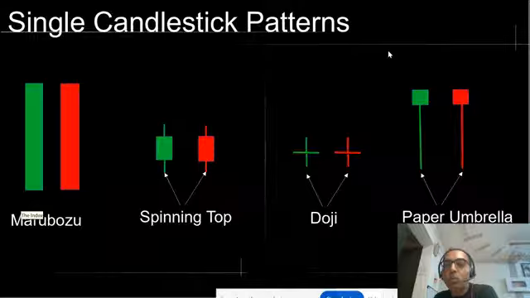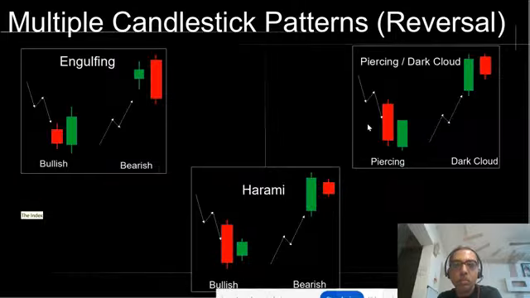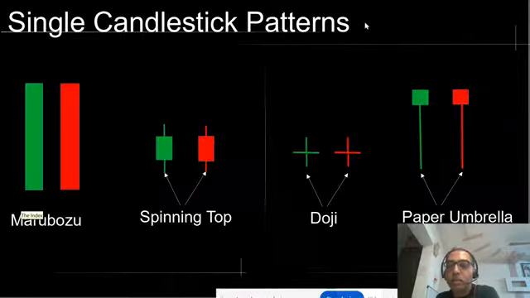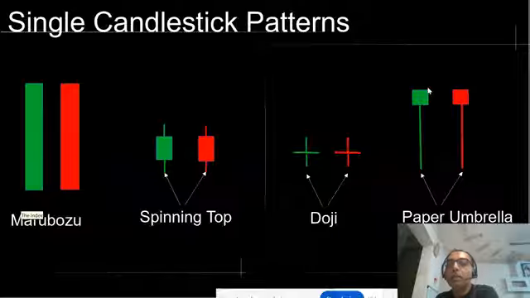So if there is a downtrend, and I'm sure I have a few examples, let me switch to the, yeah. If there is a downtrend and this green paper umbrella appears at the bottom, so there are some red candles appearing, the price is moving down, and suddenly at the bottom you see a paper umbrella, this green candle, there is an indication that the price would reverse, and either the price will go sideways, right?